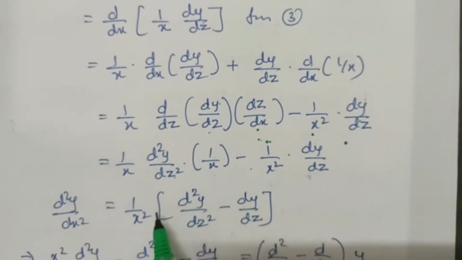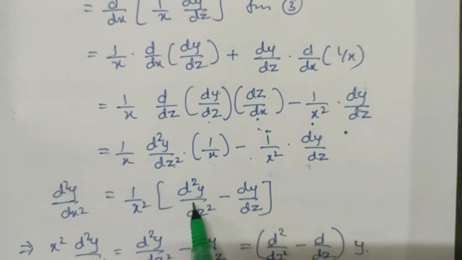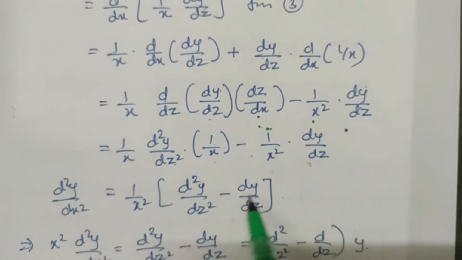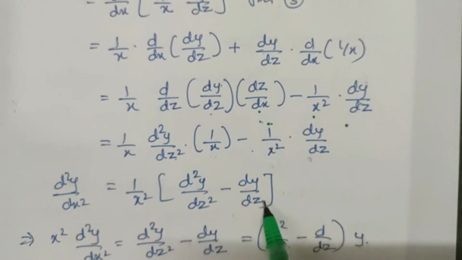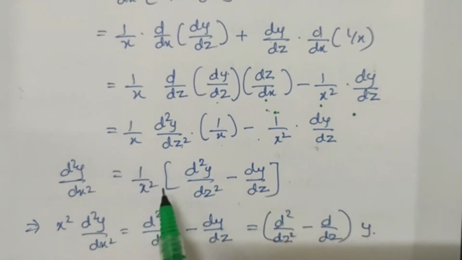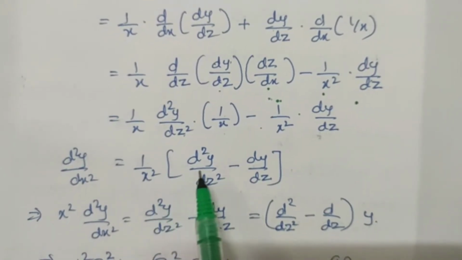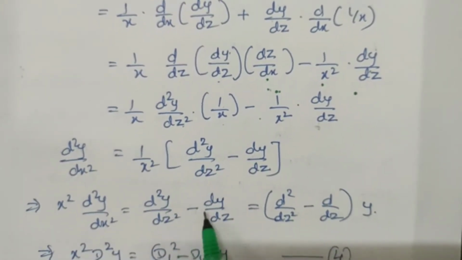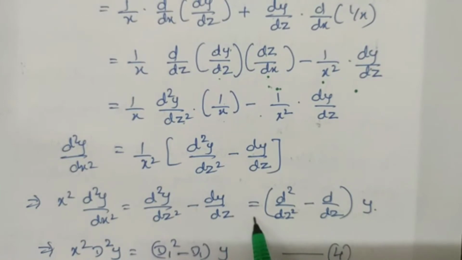Take 1 by x square common, so we have d2y by dz square minus dy by dz. Cross multiplying, x square into d2y by dx square is d2y by dz square minus dy by dz, or it is also denoted by d2 by dz square minus d by dz of y.